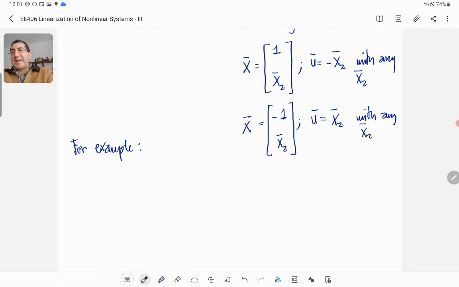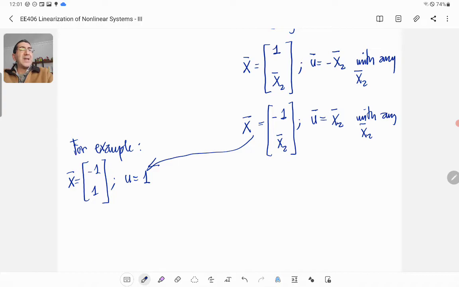So let's say, for example, we choose x equal to (-1, 1), and we choose u equal to 1. You see that it's an instance of the third case. We have -1 for the first state.